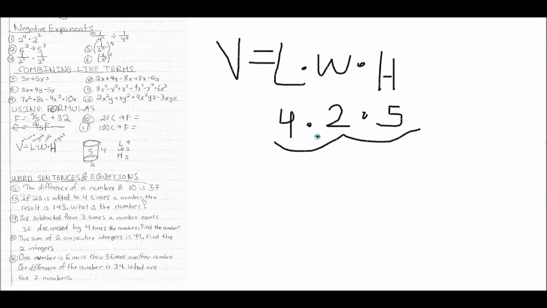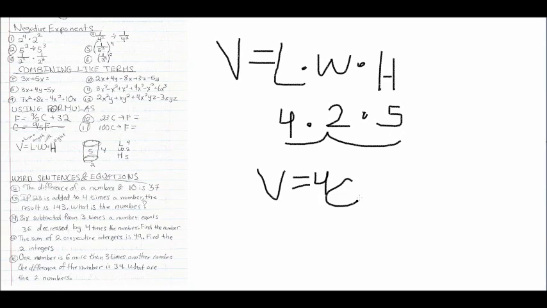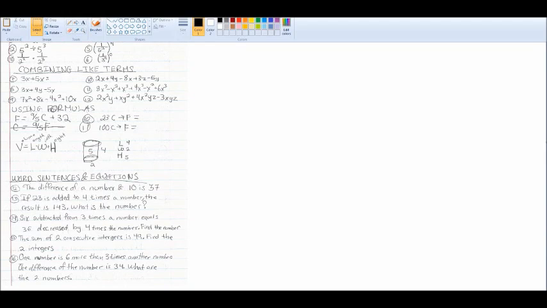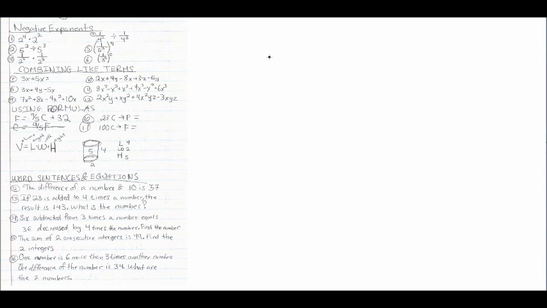For the question given, we have length, which is 4, width, which is 2, and height, which is 5. So all we have to do is multiply them together. 4 times 2 is 8, 8 times 5 is 40, V equals 40. Look at that, done.